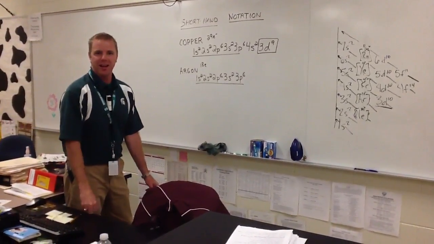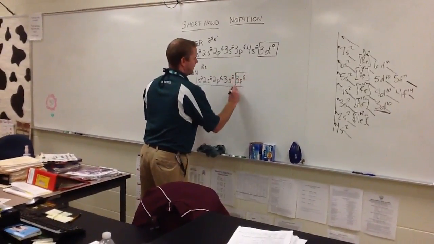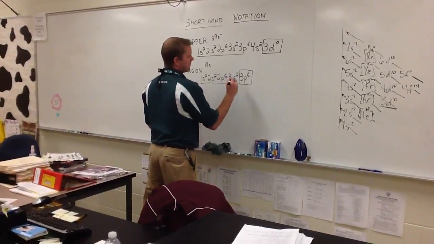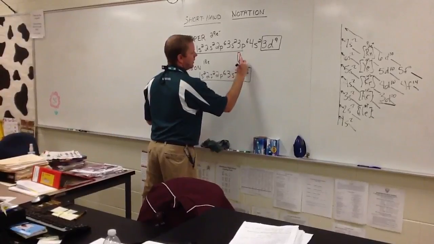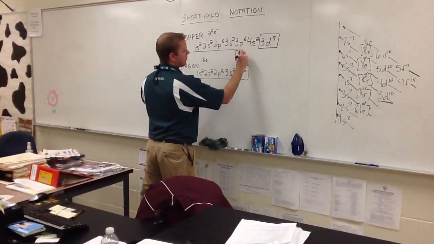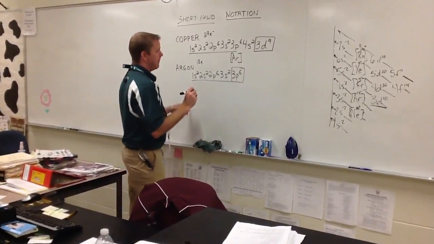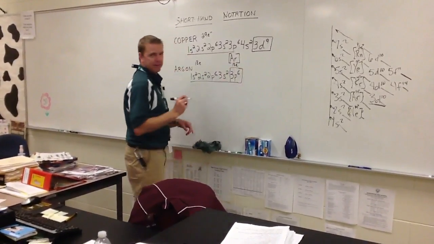So here's what shorthand notation says. Well, since argon's last thing is 3p6, what we can do is this. We can put, where 3p6 is, in brackets, argon. And that would have 18 electrons in it, right?